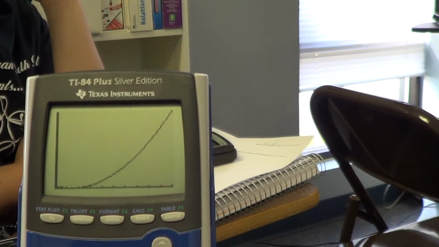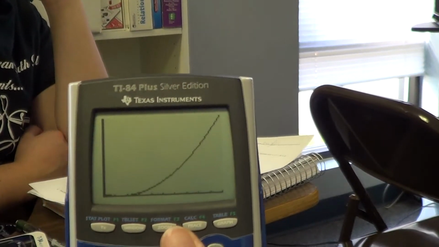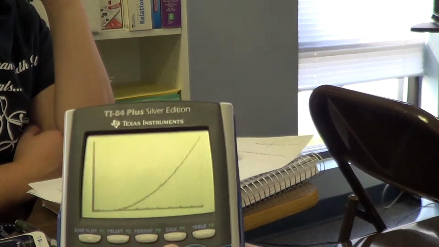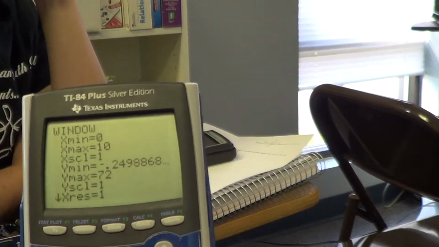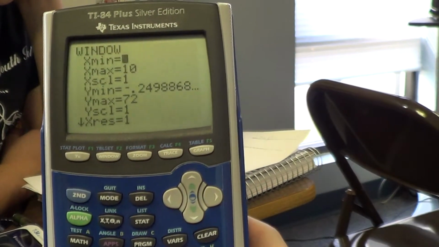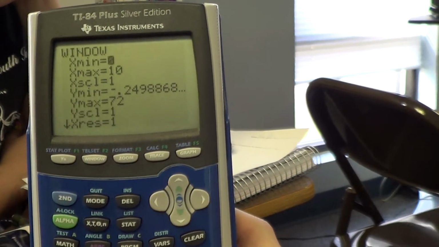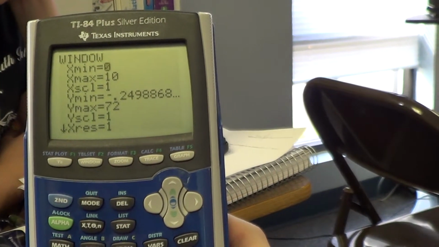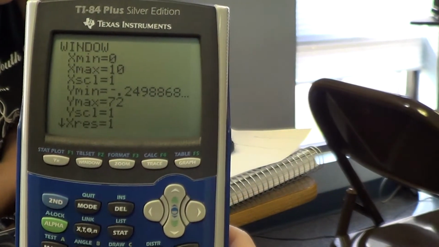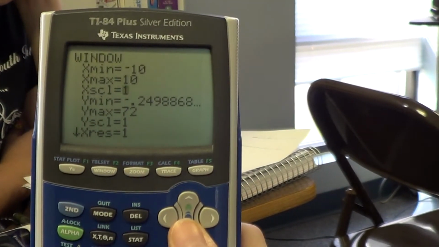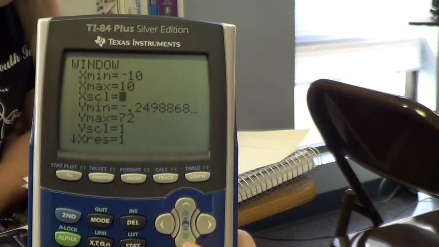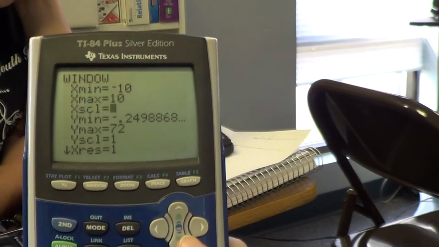Which actually is still not that great on mine. Mine's usually quick. Yeah, because we changed. So go to window and change your window to just -10, 10, and then -10 and 10 for the Y. What do I do for X, SL, CL?